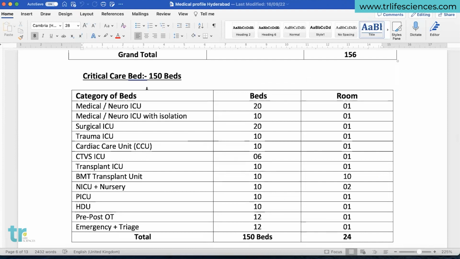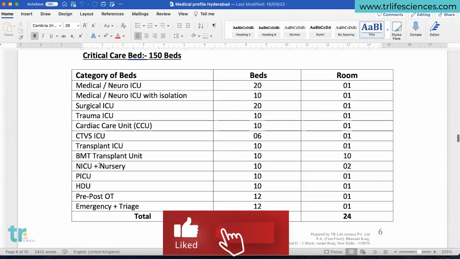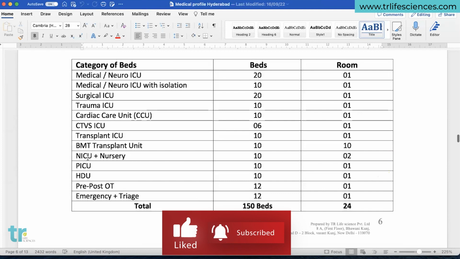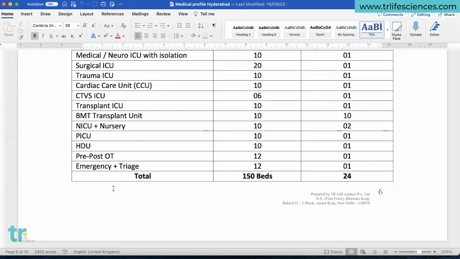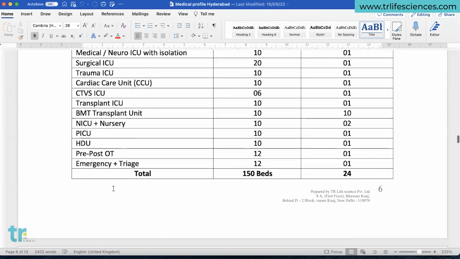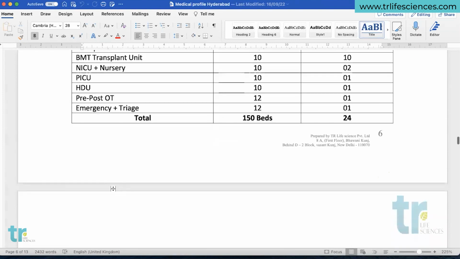Then critical care beds, the total number of ICUs department-wise: medical and neuro ICU shared, isolation, surgical ICU, trauma ICU, CCU, CTVS, transplant, BMT transplant dedicated separately, NICU, PICU, HDU, pre-post, and emergency trials. So the total number of beds is distributed across these specific departments.